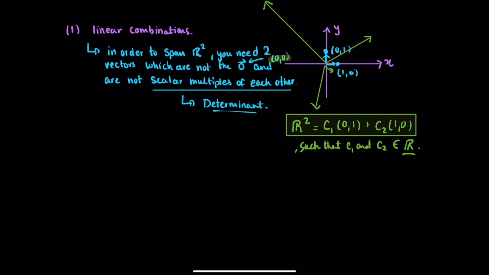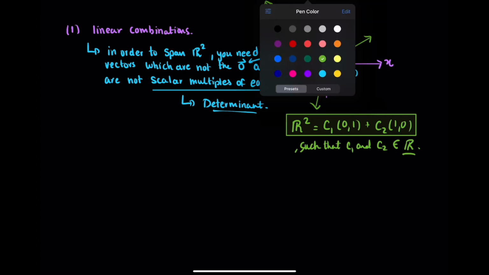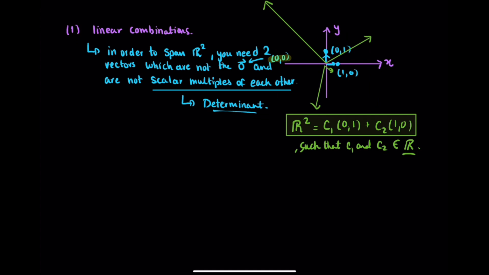Okay, so this was the first concept that I wanted to talk to you about. The second concept that I want to talk to you about before we delve deep into second order linear differential equations is the Wronskian.